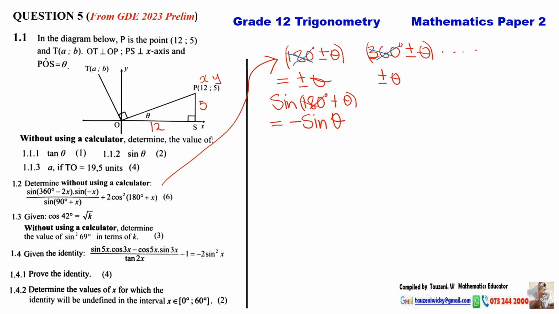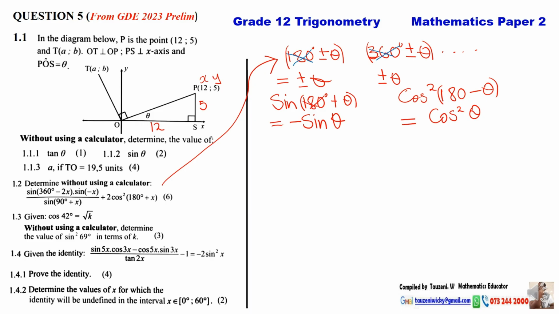Then other expressions where sometimes learners forget, maybe because of pressure. Let's say I have the cos of 180 minus theta. This is supposed to be a negative cos theta, but because there is a squaring here, the squaring makes it positive again, because it will be a negative times a negative.